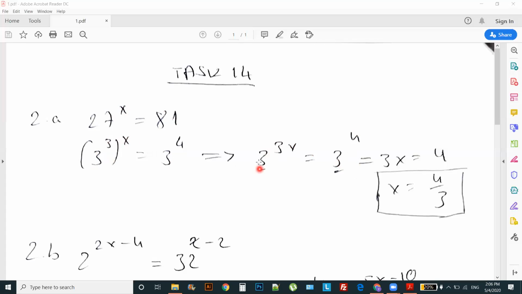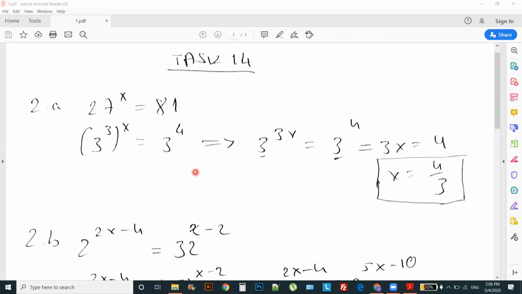Once my bases are the same, as you can see 3 and 3, then I can work out with the powers. So in the powers, I have 3x and 4. 3x equals 4, just a normal equation. Then divide both sides by 3. 3x divided by 3 will be x. 4 divided by 3 will be 4 over 3. So x will be equal to 4 over 3.